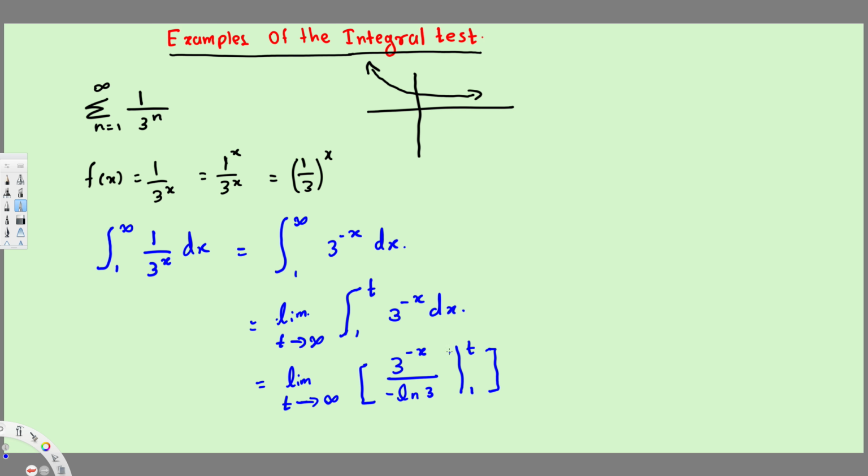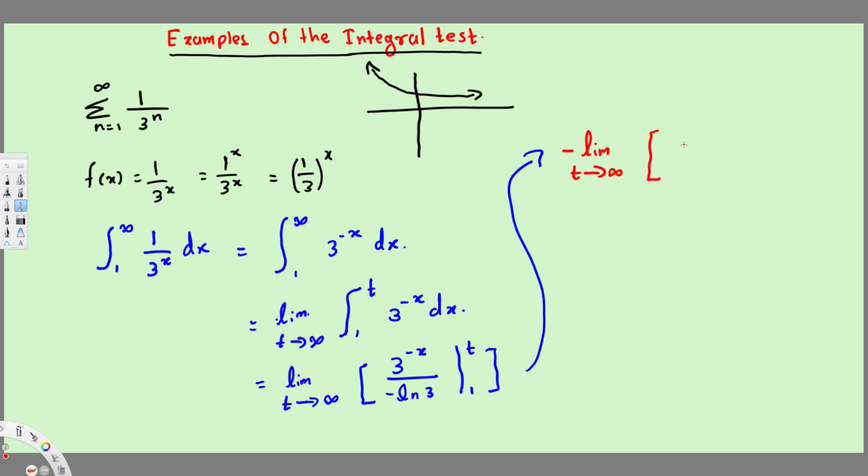So let's simplify this one. So here we can take the negative to the front first and then substitute the values. So let's continue this one right here. First of all, I take the negative to the front, so this is going to be negative limit t approaches infinity. Also, I can bring the 3 power negative x to the bottom, so that's going to be positive.